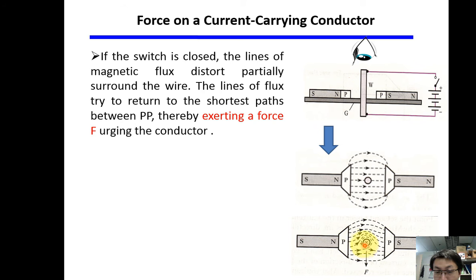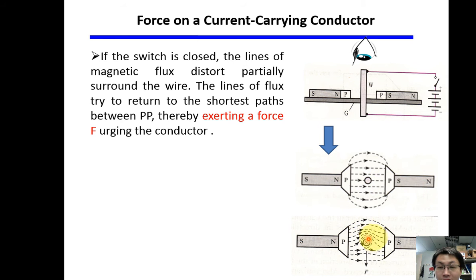When it is clockwise, it will distort this line. It becomes like this. And very naughtily, these lines are trying to put themselves back into their original state. So what they need to do is exert a force, pushing this fellow, saying, go away, don't disturb my magnetic field lines, so that I can get back to my original state.